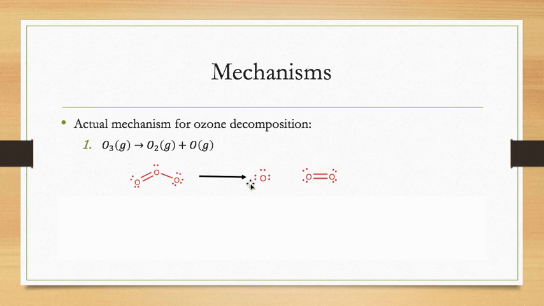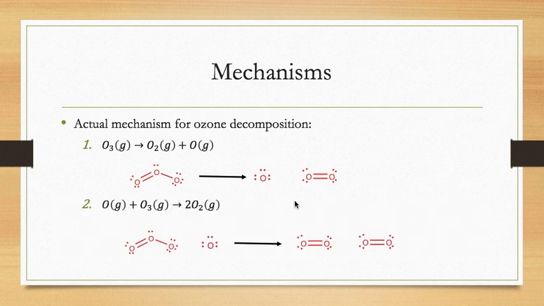This is actually a really unstable atom. It really wants to complete its octet, so if it bumps into another ozone molecule, which it does in step two, the oxygen atom, when it bumps into another ozone molecule, then turns into two oxygen molecules. And so that's shown below.